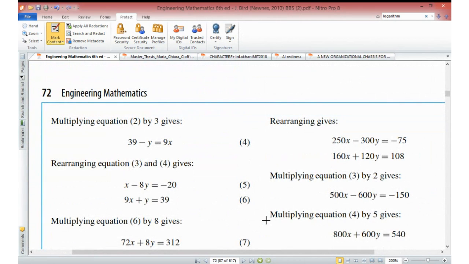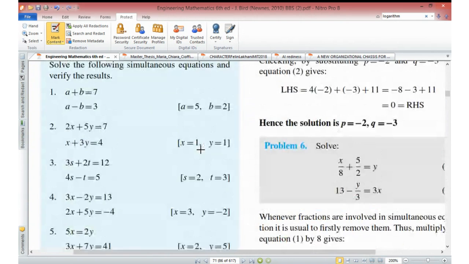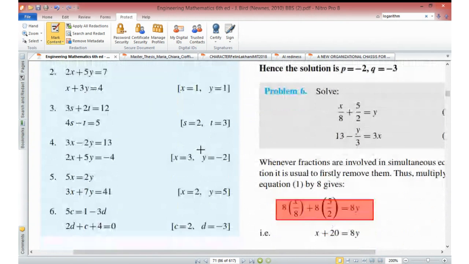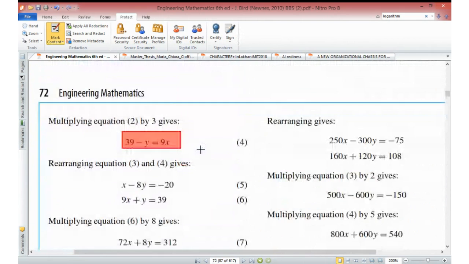Then you're trying to use elimination. For those who are using elimination, you're trying to work on equation 2. If you go back there, you'll see how equation 2 is 13 minus y over 3 is equals to 3x.